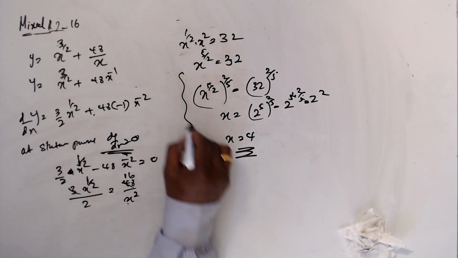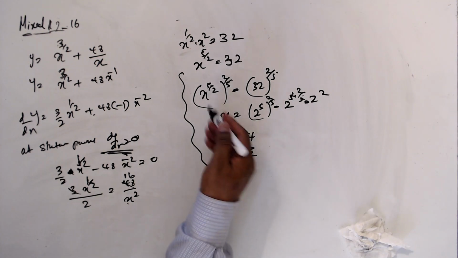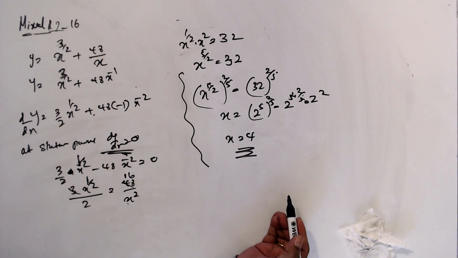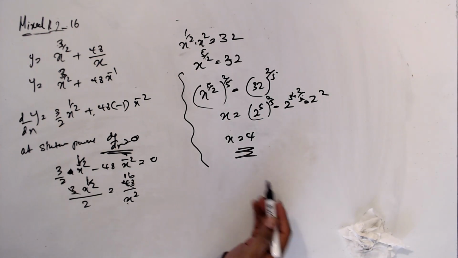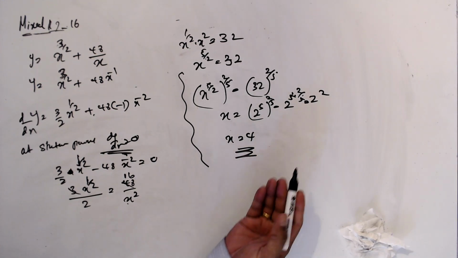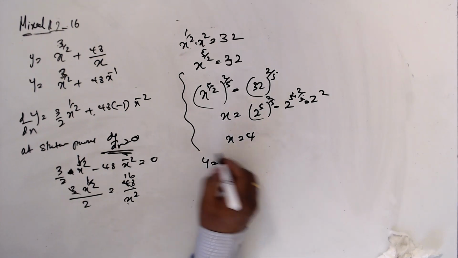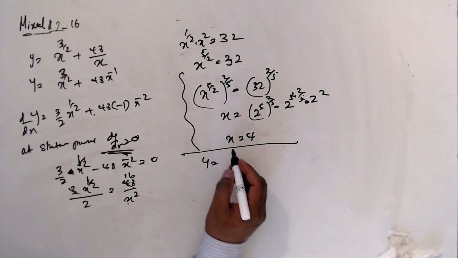Never try to calculate these things unless in the exam with the calculator. When you're doing normal work, try to work like this. Now we want to find the relevant y value.